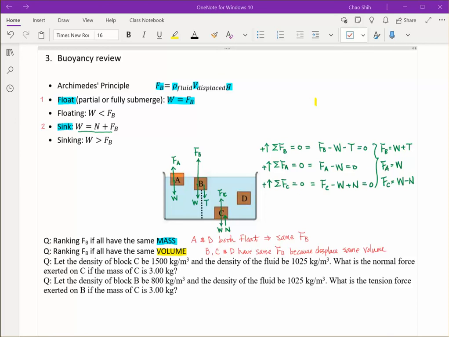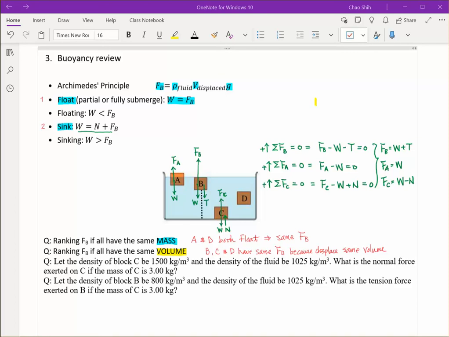Now what about A? Well, A displaces less, so your buoyancy force will be smaller. So B, C, D are the same, and A is smaller. Okay, so I hope that you understand this.